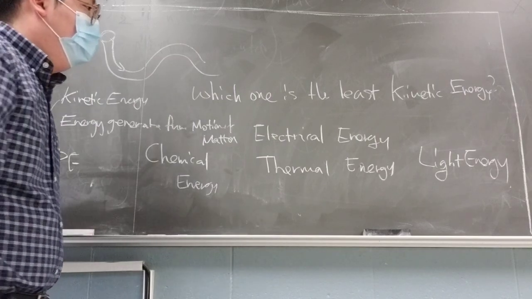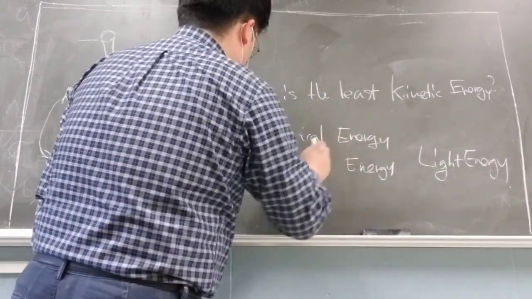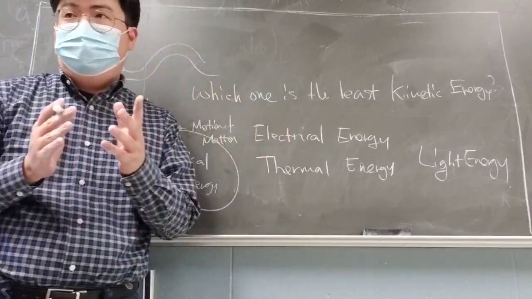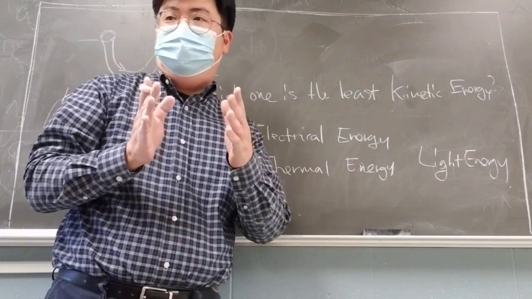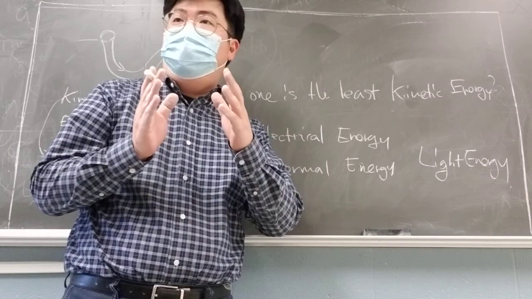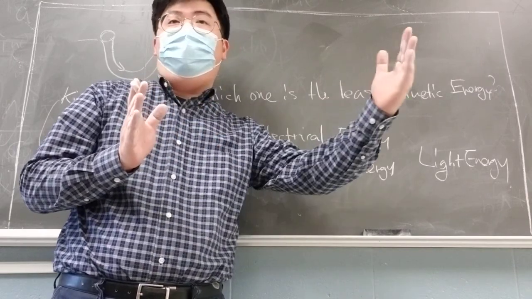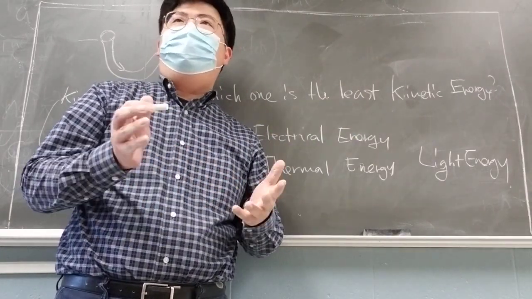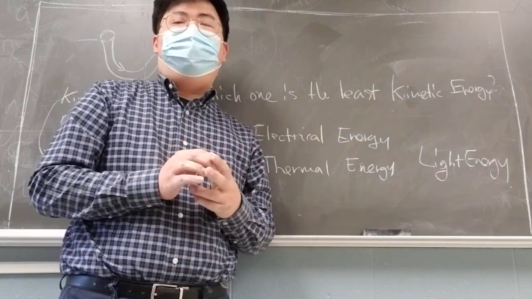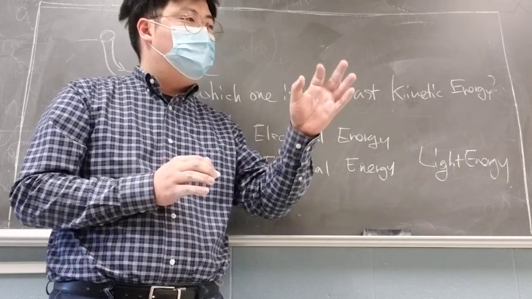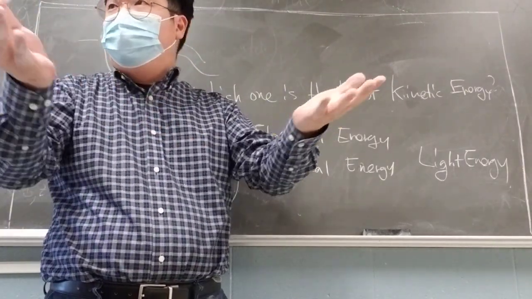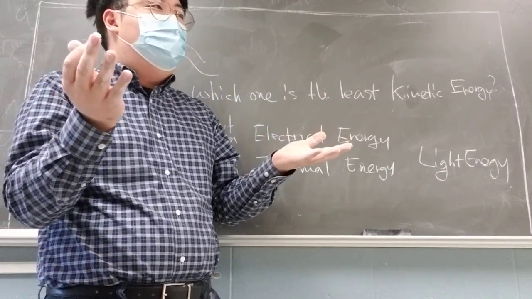So in here, the least kinetic energy is chemical energy. The electrical energy, as you know, is created by the motion of electrons. Thermal energy is the way you can transfer kinetic energy through space by radiation. If you only had two ways to deliver energy, conduction and convection, think of the universe as almost a vacuum, but we still get the sunlight.